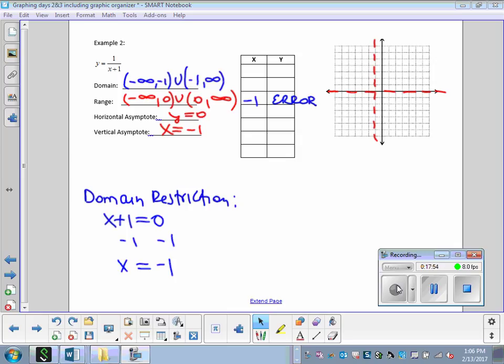Okay, so we kind of intuitively figured out our horizontal and vertical asymptotes for this particular function, right? So it was like a stretch, intuitively. We figured that's how it goes. I also want to show you another way.